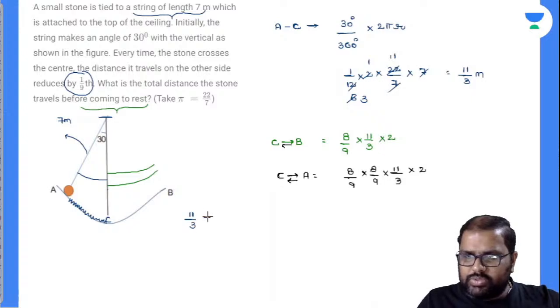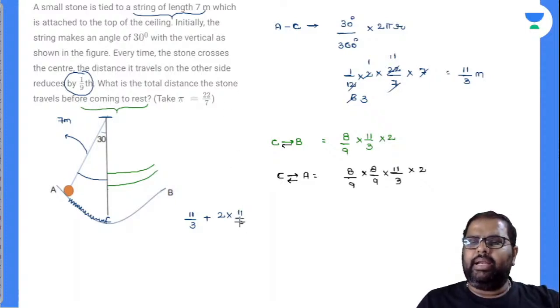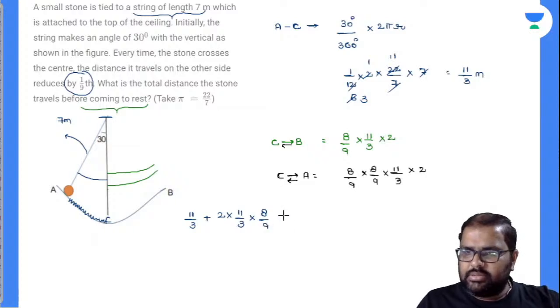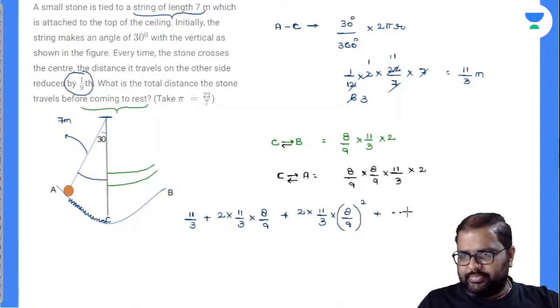I'll add all those values. 2 into 11/3 into 8/9, next plus 2 into 11/3 into 8/9 whole square, next 2 into 11/3 into 8/9 whole cube. Am I right or wrong? And so on up to the rest point.